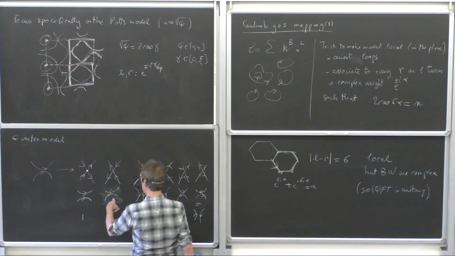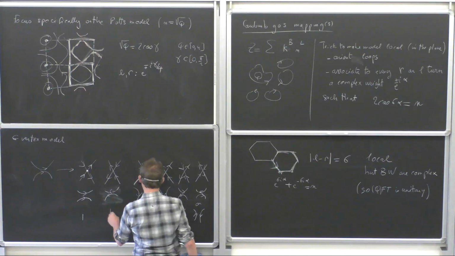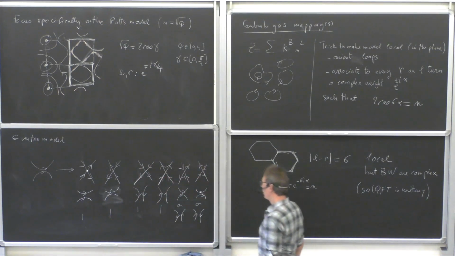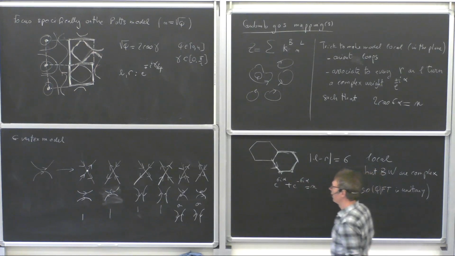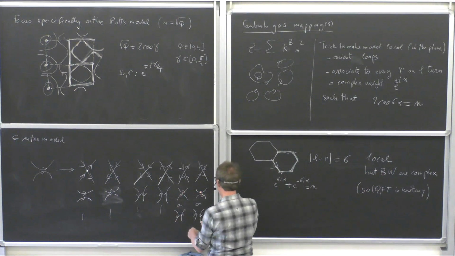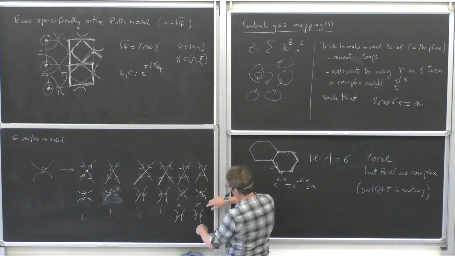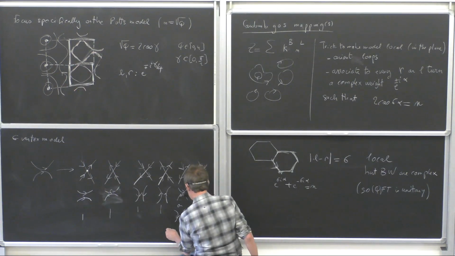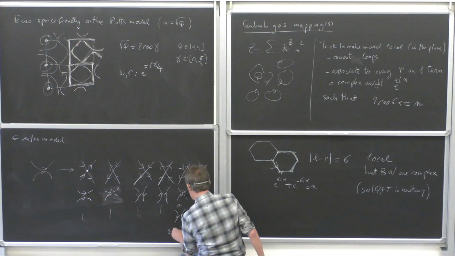Here I have a right turn and a left turn, weight 1. Here I have right, left, weight 1. Only these 2 have interesting weights. This one has 2 left turns, this one has 2 right turns, this one has 2 right turns, this one has 2 left turns. So both of them have weight 2 cosine gamma over 2.